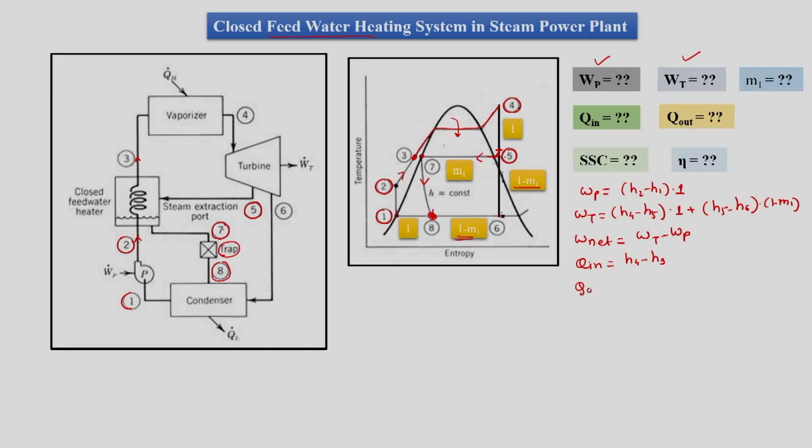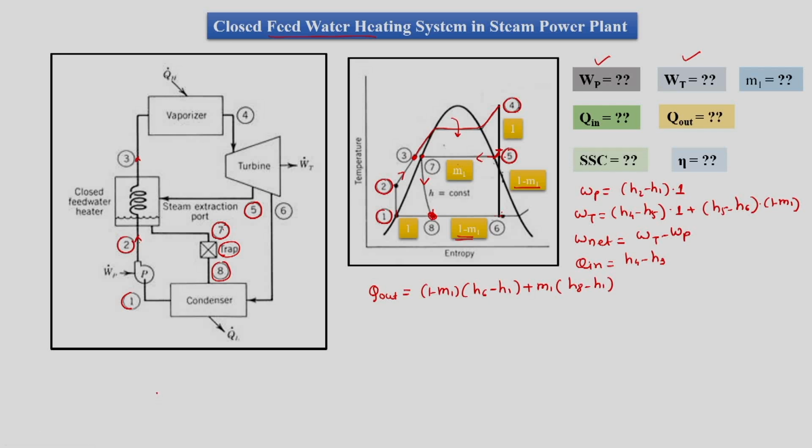We have Q out, which is a little tricky since we have two different masses. In Q out we have 1 minus M1 mass losing its enthalpy from H6 to H1, and we have M1 mass losing its enthalpy from H8 to H1.